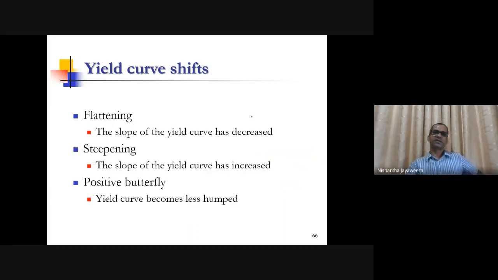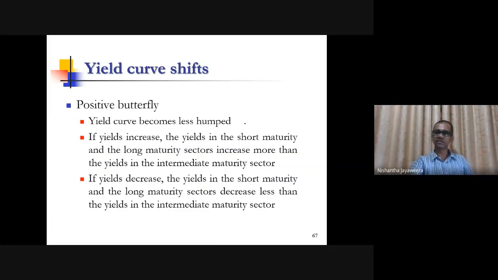So flattening means, as I mentioned, a very steep curve becomes flat. Steepening means a flat curve becomes steep. Positive butterfly means change in the humpedness. So in the positive butterfly, the yield curve becomes less humped. That means earlier it was like this.